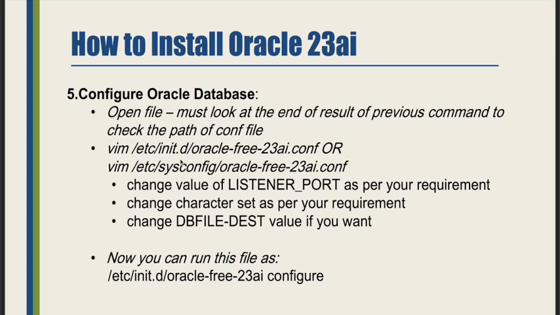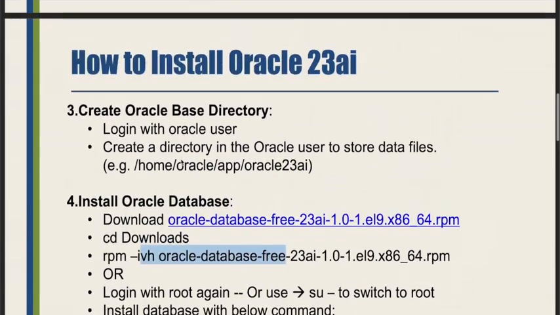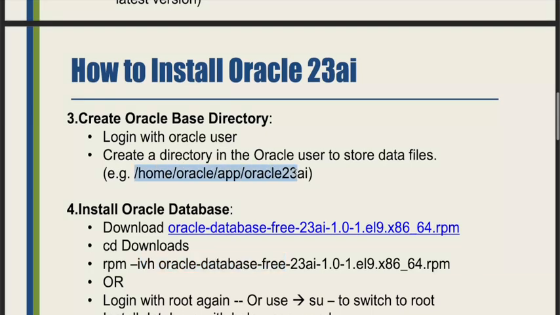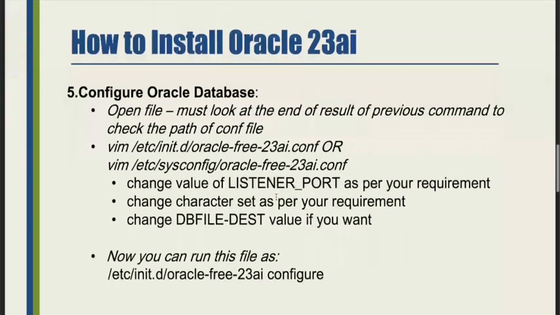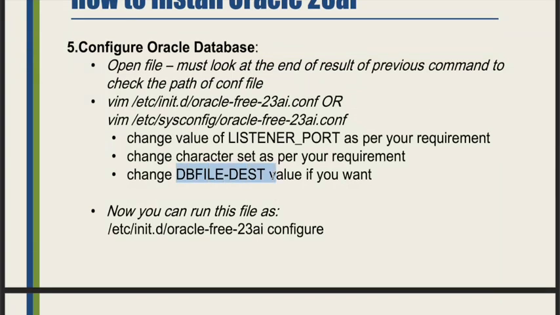Like before, we created the Oracle folder to store all the data files, so I will mention that folder here. I will show you again this folder which we created. This folder I will mention in the DB file dest value. After that, close the file with :x. It will save whatever you changed, and then you need to run the command below to apply the configuration.